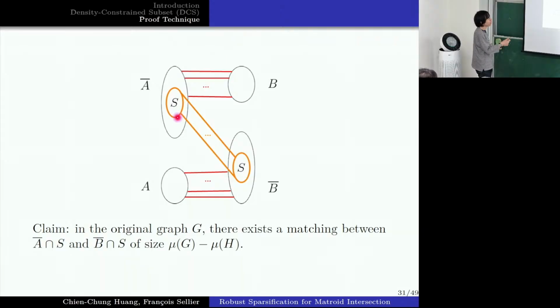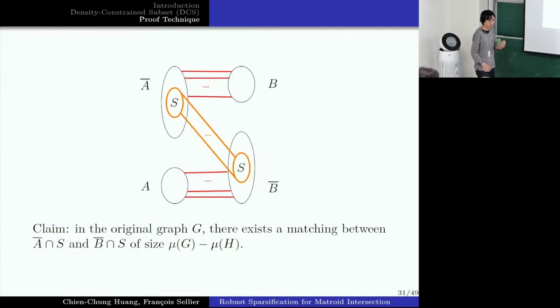They form a matching in the original graph G. And the size of this matching should be exactly the difference of the largest matching in G and the largest matching in H. I claim that there exists a subset S in A bar and also a subset S in the B bar, so that they form a matching in the original graph G.